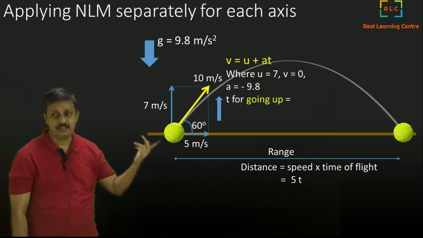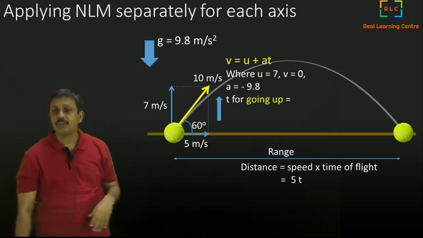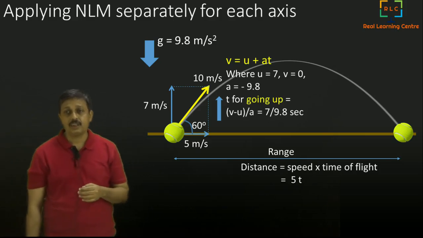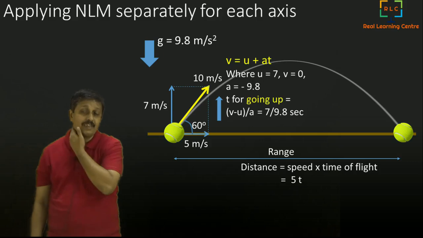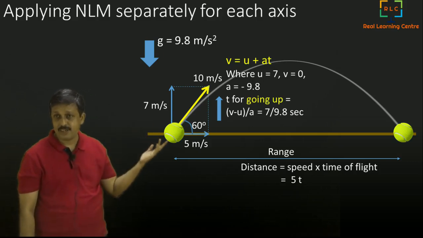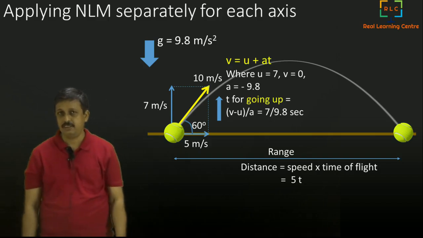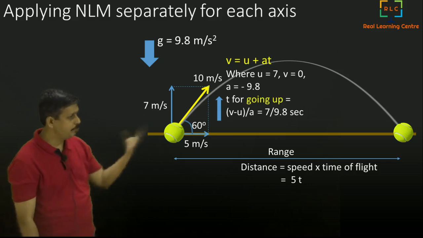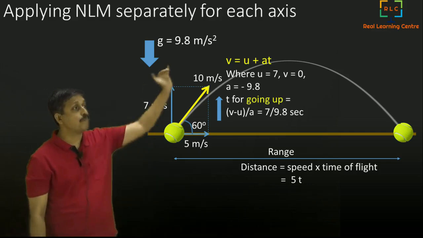For going up, t will be v minus u divided by a, which is 0 minus 7 divided by minus 9.8, which is nothing but 7 by 9.8 seconds. It is less than 1 second. That is the amount of time it takes to go up.